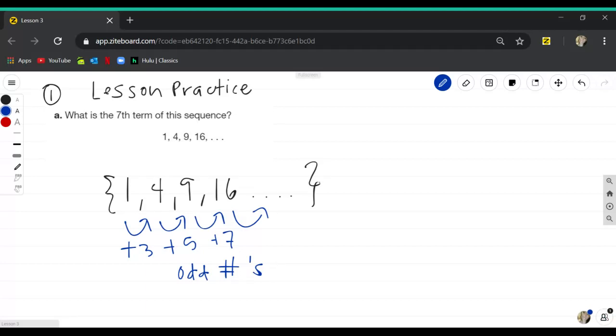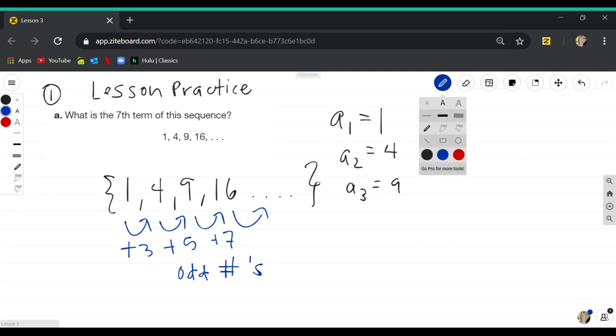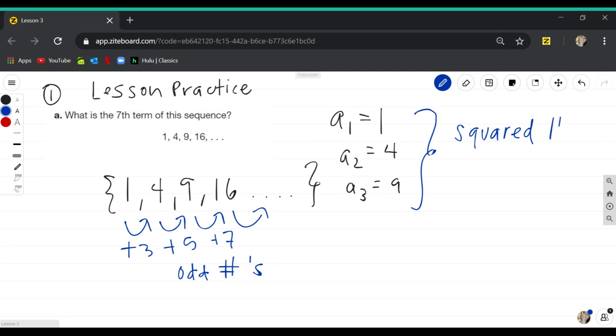So if I take a look at this again without adding, I can see that when a equals 1, it's 1. When a is 2, it's 4. When a is 3, it's 9. I can also see that these are squared numbers.